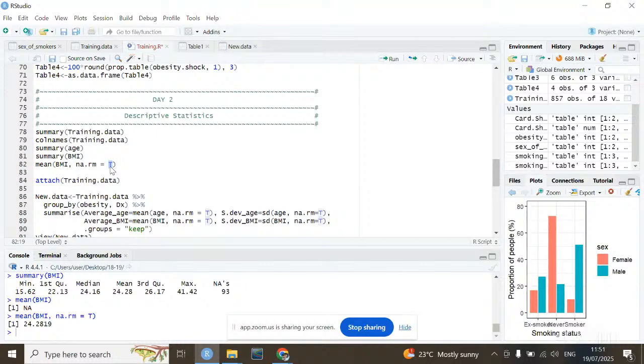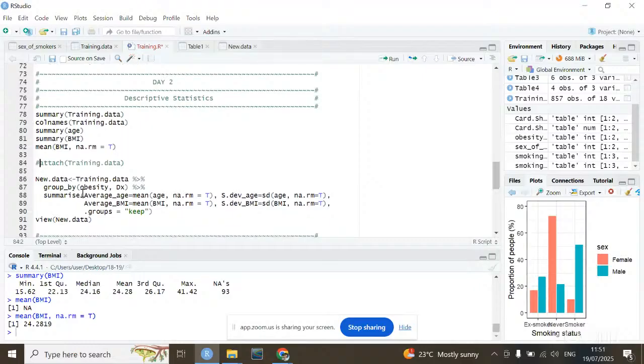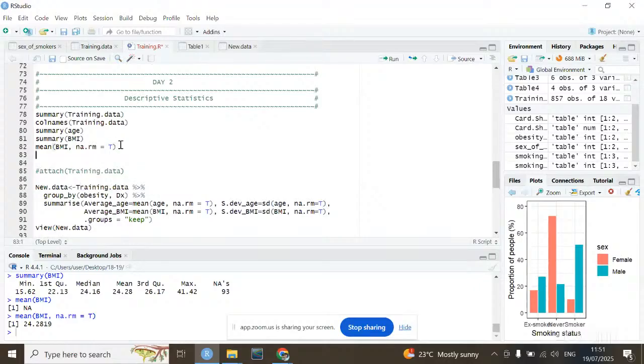So if we want, we can still do descriptive statistics. You can do any descriptive statistics. We can do the standard deviation; for the standard deviation, you just use sd.